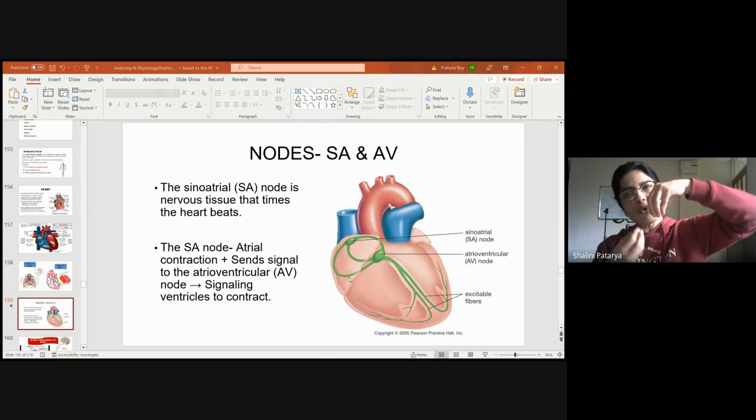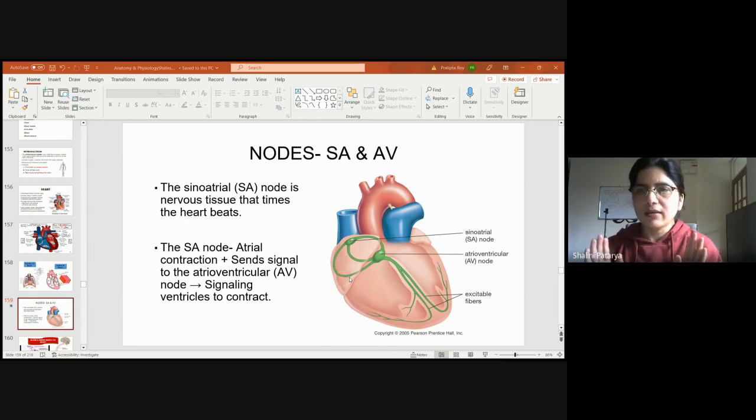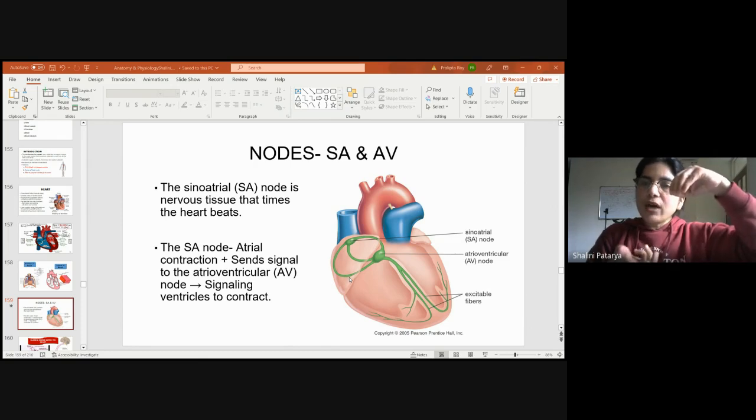Now it has to go to other parts, right? From the ventricle, blood will always go out. But in the apex part of it, there is no outlet. So it has to move out, and some pressure is required. Here, downside of the apex, you have got some excitable fibers.